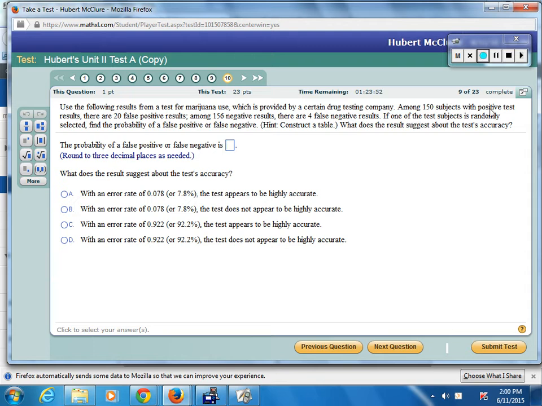Okay, you got 150 with positive test results. There are 20 with false positive. So let's take our handy dandy whiteboard.